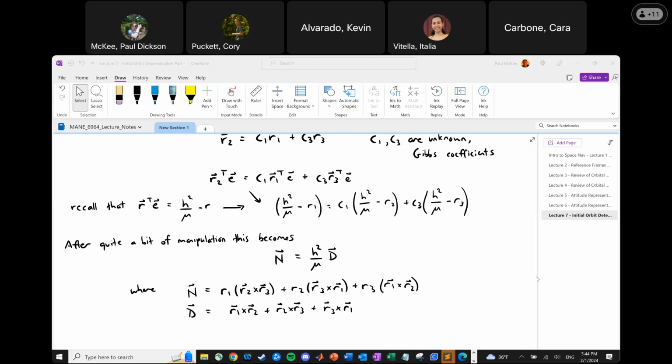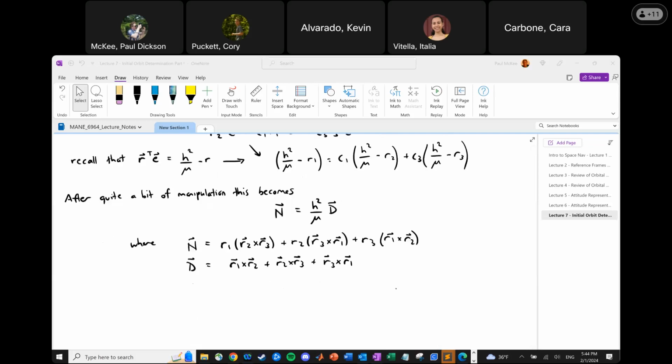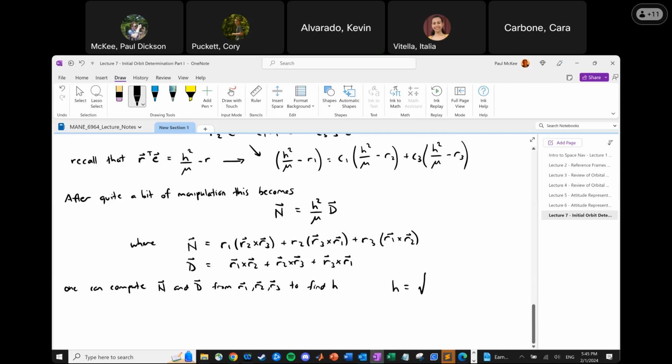So let's just formalize that for a second. One can compute N and D from R1, R2, and R3 to find H. So we could say H is equal to the square root of mu times N over D, where it might be clear from notation that N is just the norm of N like this, and D is just the norm of D like this.